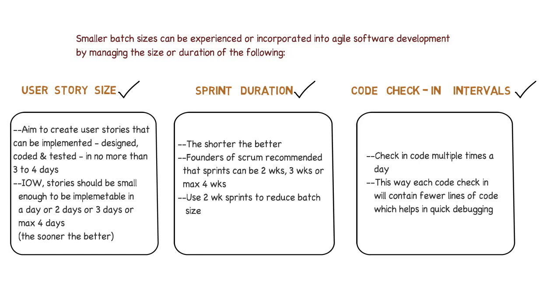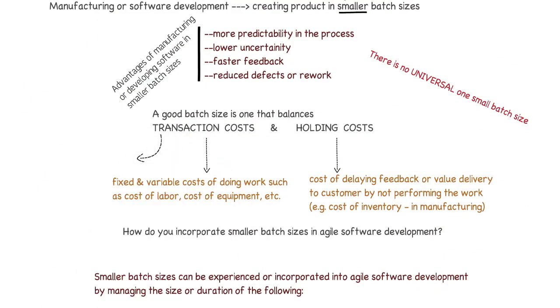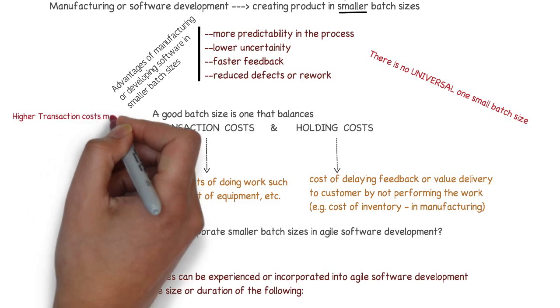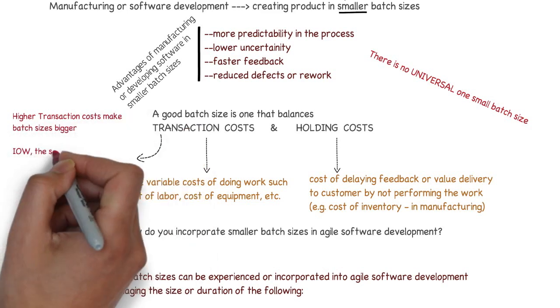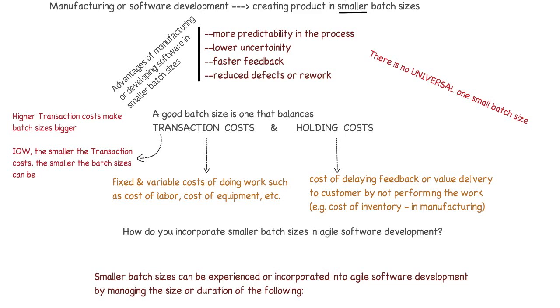Now, earlier in this lecture, I talked about transaction costs and its definition. If transaction costs are higher, they tend to make batch sizes bigger, which, as we know now, is not good. In other words, the smaller your transaction costs, the smaller your batch sizes can be. So this means that one should try to reduce the transaction costs.